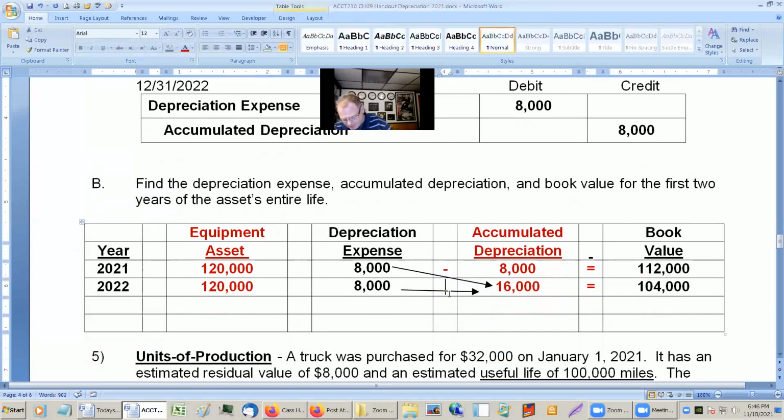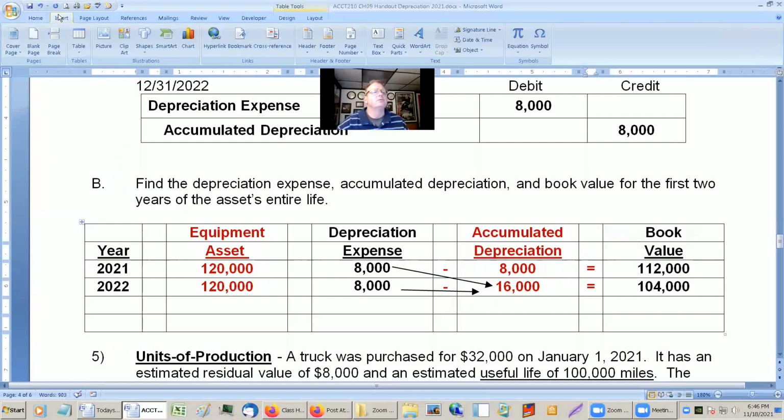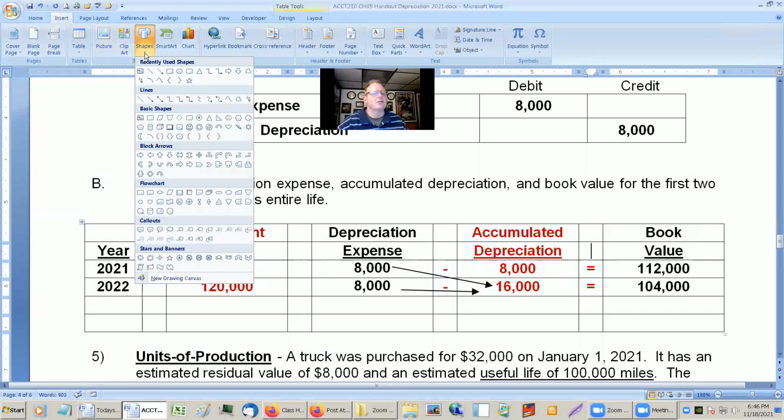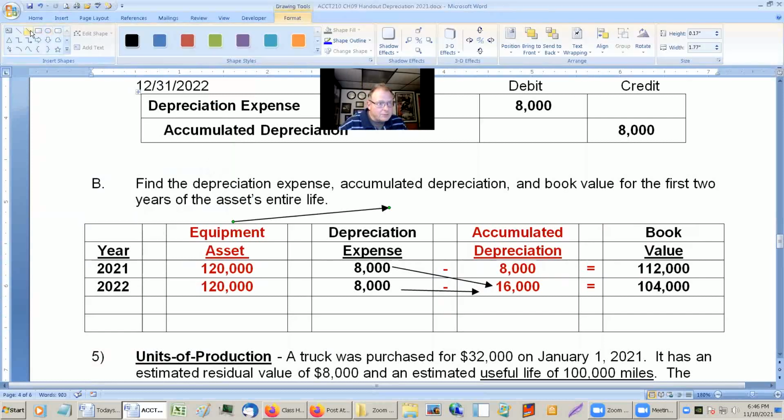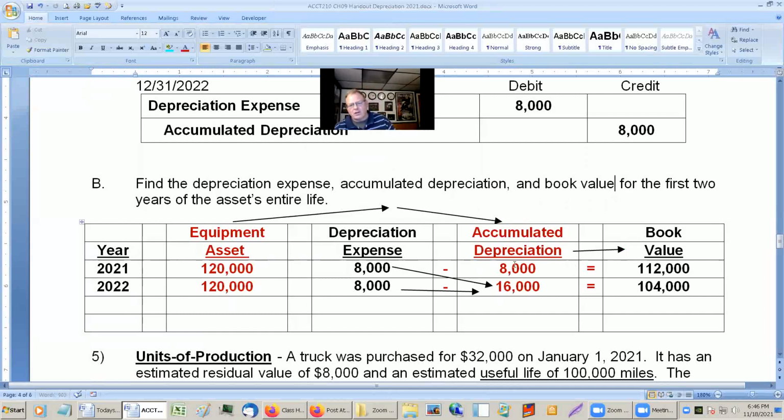Hey, how come I have minus symbols? Okay, and yeah, so you're gonna take, I'm just gonna use arrows. Oops. So you're gonna subtract out the cumulative depreciation, and that will give you the book value.